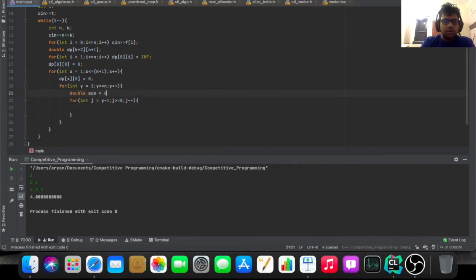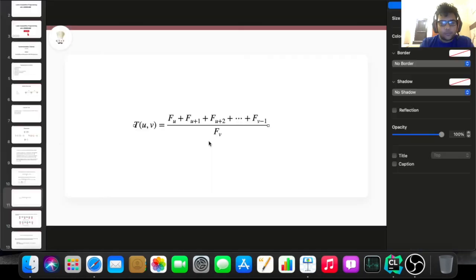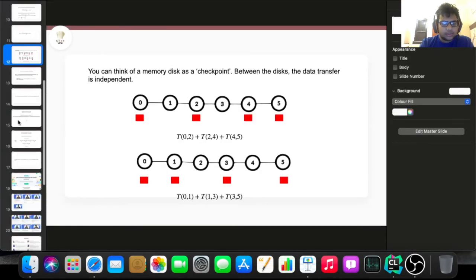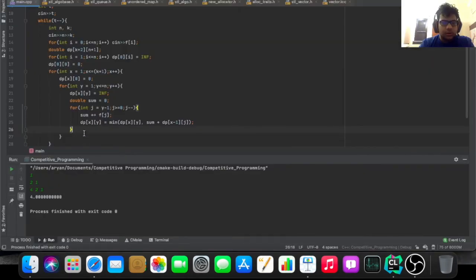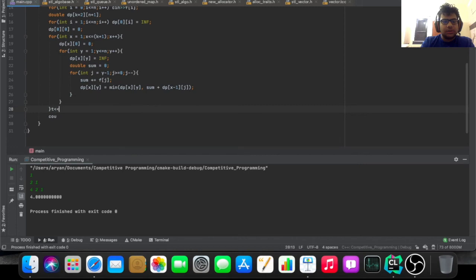Initially, dp[x][y] is equal to infinity, and each time we go here we say dp[x][y] is equal to min of dp[x][y] and sum plus dp[x-1][j], right? We're following our recurrence given here. Then finally we can output the answer.